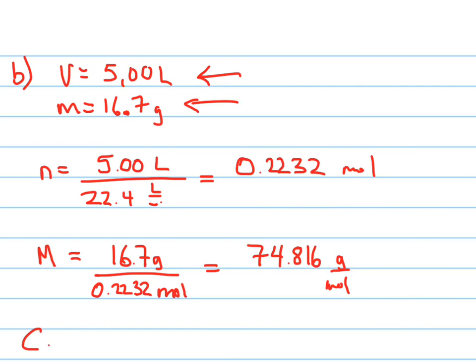So we had C4, H10, and O, and the molar mass of that is going to be 12.01 times 4 plus 10 times 1.01 plus 16, 74.14 grams per mole. So clearly that is going to be our empirical formula as well as our molecular formula.